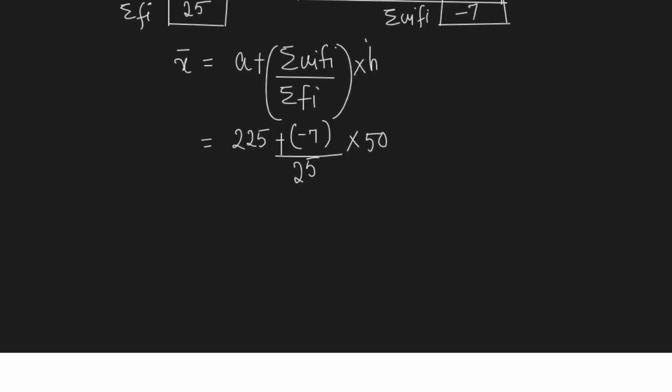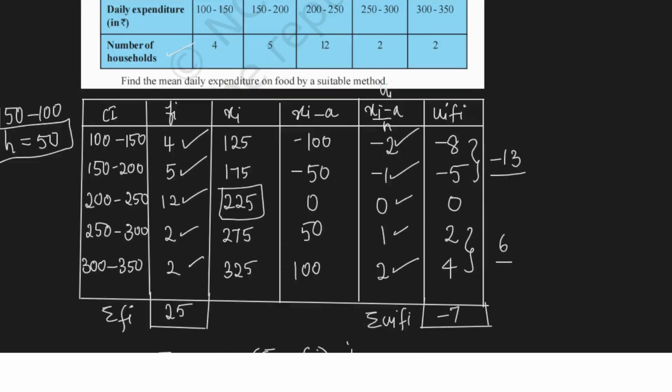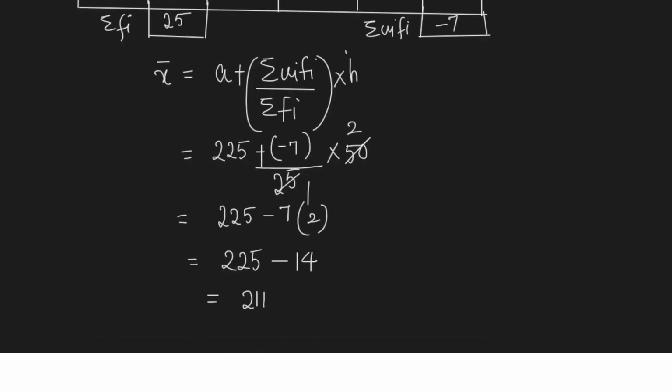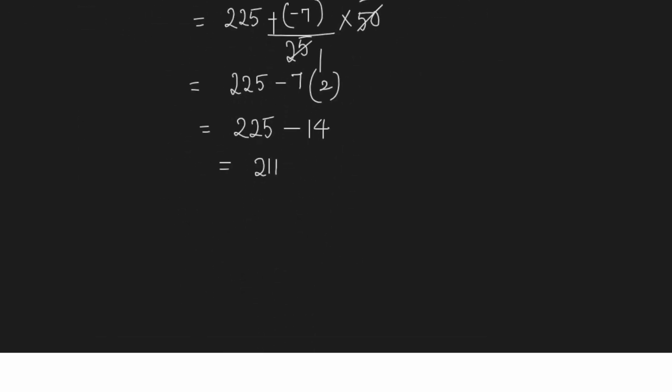Solving it further, you can cancel this with this, and you get a negative 2 here, a positive 2 here. So you get 225 minus 7 into 2, which is 14. So the answer is 211. So you conclude the answer by writing that the mean daily expenditure on food is 211.